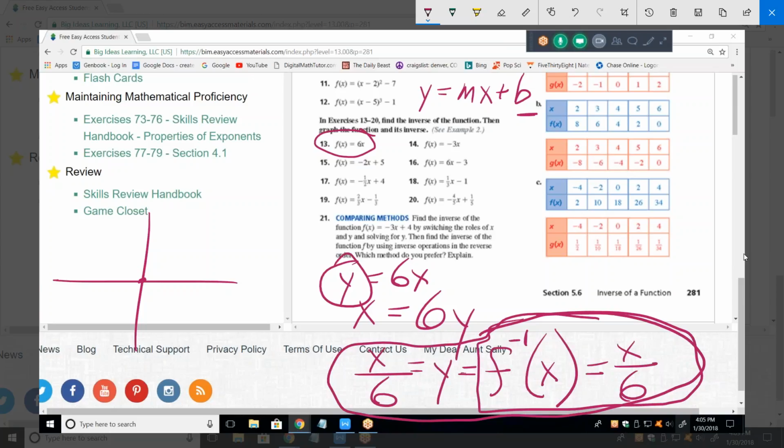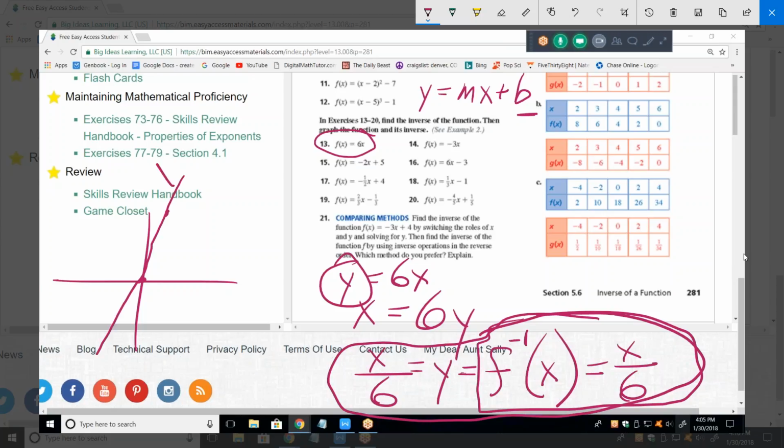The rise is 6. The run is 1. Okay? So it's up 6, but even over is not sufficient. Over which way? Do I go right or do I go left? Right. Because I have a positive slope. I want to make sure that I get a positive slope when I graph it.